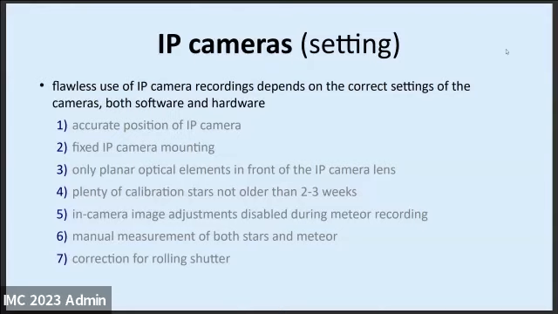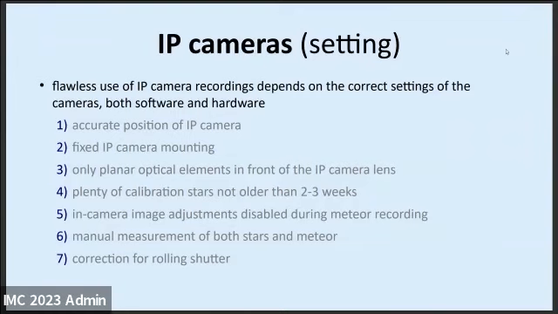So this is just the list. Very quickly: there's a need to have an accurate GPS position of the camera, of course, but sometimes there is not. You have to fix the camera mounting; the camera doesn't have to move. You should use only planar optical elements in front of the lenses of your cameras. Then, there have to be lots of calibration stars used for reduction of the fireball recordings, and the stars don't have to be older than a couple of weeks.